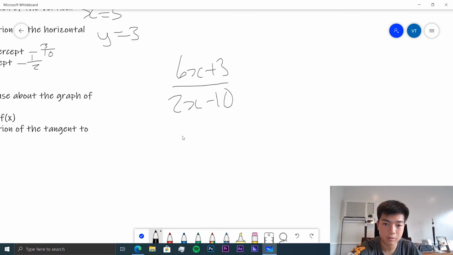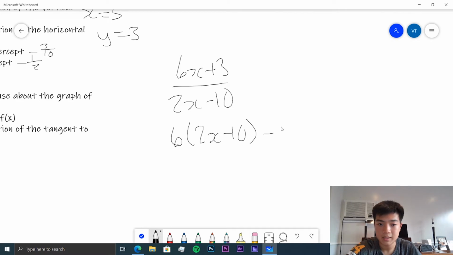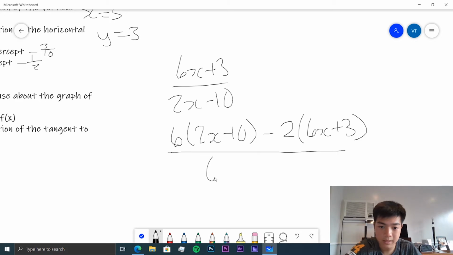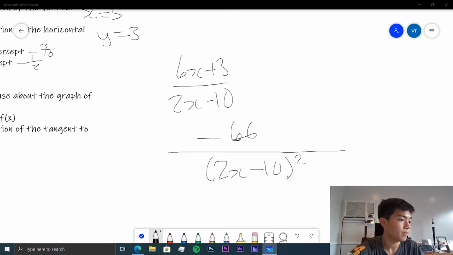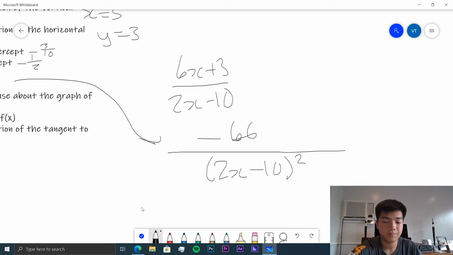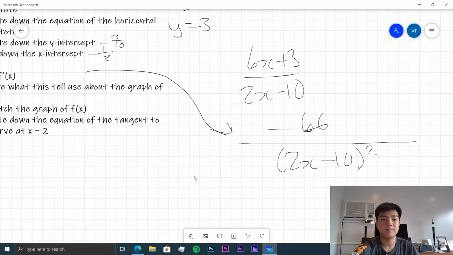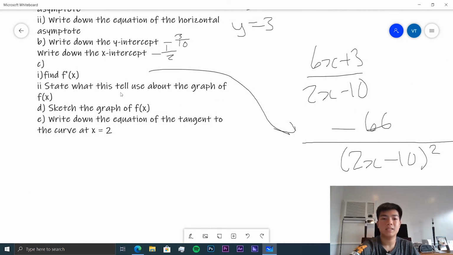So this is equal to 6 times (2x minus 10) minus 2 times (6x plus 3), all over (2x minus 10) squared, which is equal to 12x minus 12x, so that's 0, and then negative 60 minus 6, so negative 66 over (2x minus 10) squared. So that is the derivative.